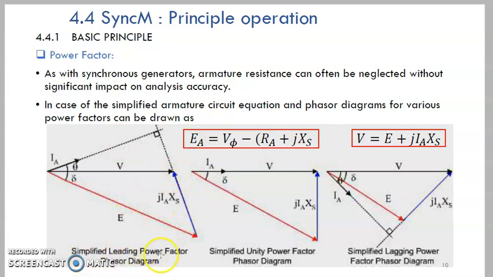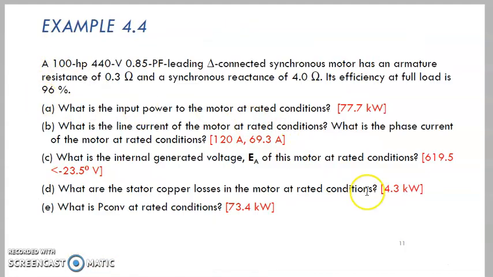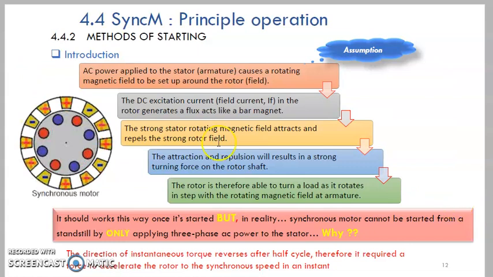This is the simplified leading power factor phasor diagram, and the simplified unity power factor phasor diagram, because the generated voltage equals V phase minus the armature resistance and series reactance drops. This is your simplified lagging power factor phasor diagram of your phase voltage. We shall discuss an example in later slides.